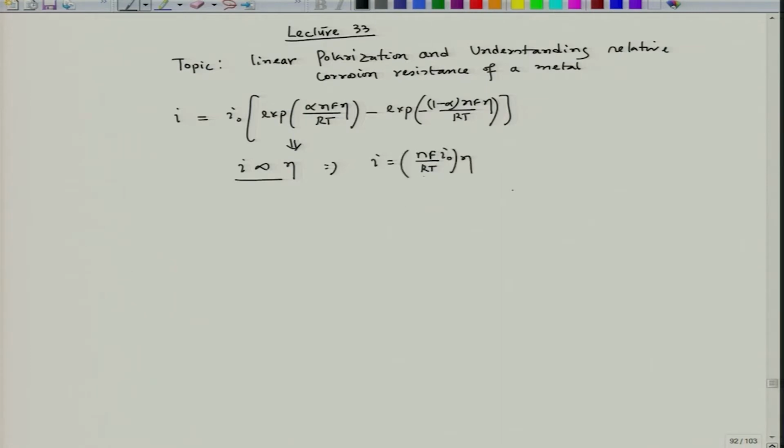So, this is basically the constant which is giving a linear relation, and we have also seen that if we plot I versus over voltage, it will be linear.